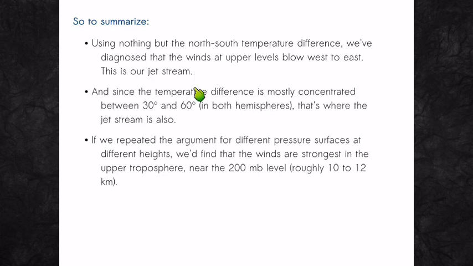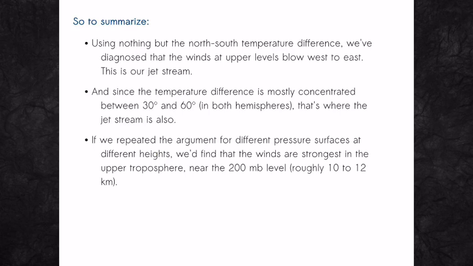And since the temperature contrast is mainly concentrated between 30 and 60 degrees, i.e. in mid-latitudes, then that's where the jet's going to be too, because the jet was dependent on that temperature contrast. That's what the whole argument started with. And then finally, if we were to repeat the argument, sketching in different heights, we would find that the maximum of the winds was localized in the upper troposphere, around the 250 millibar level, more or less.